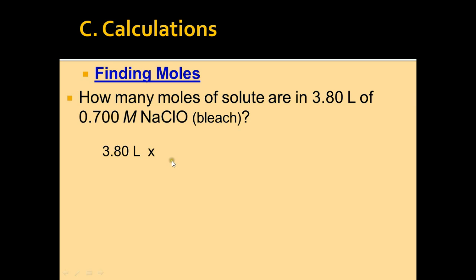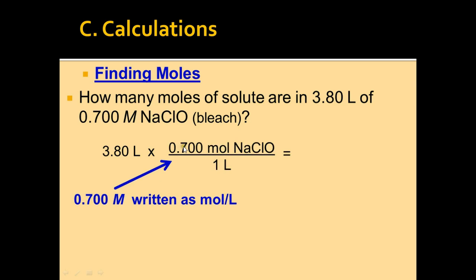Again, whatever's on the top goes on the bottom. It stays true with molarity. So liters cancel out, and we do 3.8 times 0.7, and we get 2.66 moles of bleach.